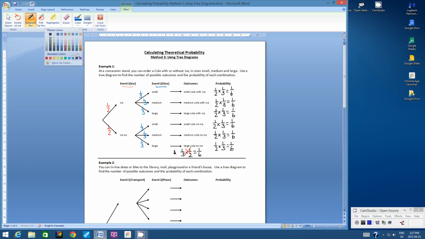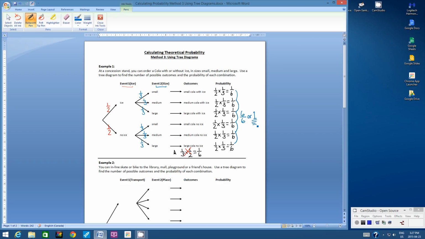Okay, so one neat thing about probability is when you get all of these probabilities, if you were to add 1/6 to 1/6 to 1/6 to 1/6 to 1/6, you would get a total of 6/6, or just a probability of 1. Okay, and that's how you know you've got the right answer.